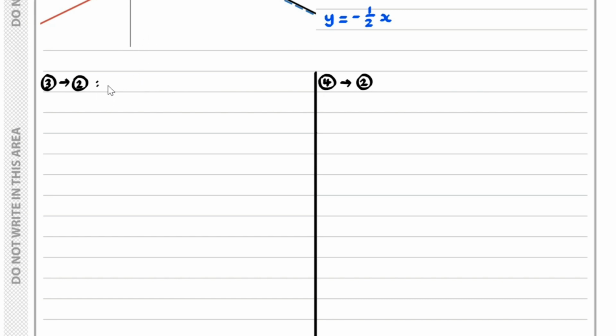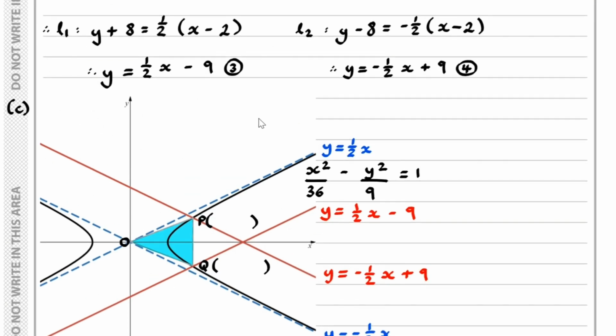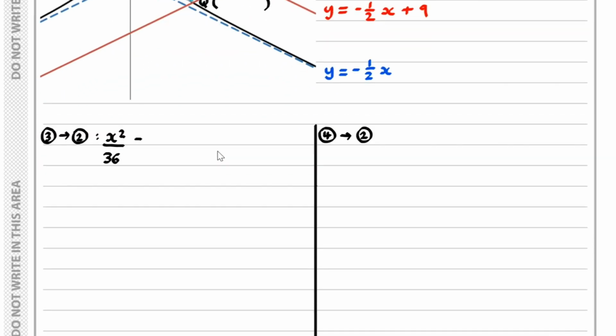So we've got x squared over 36 minus y squared. Now we know what y is. That's 1/2 x minus 9. So we subtract 1/2 x minus 9 squared over 9.